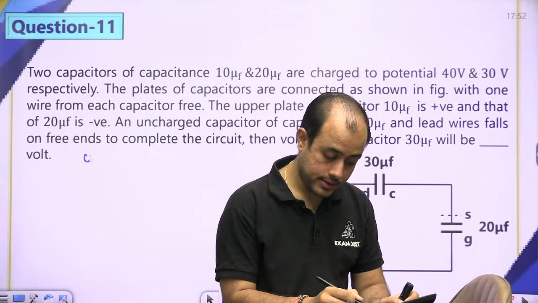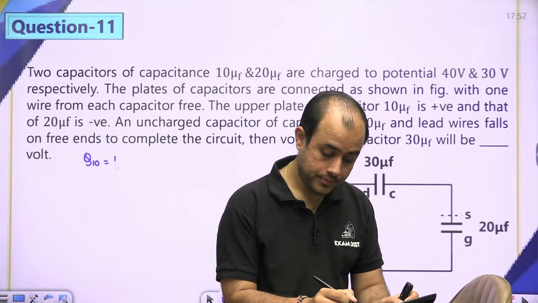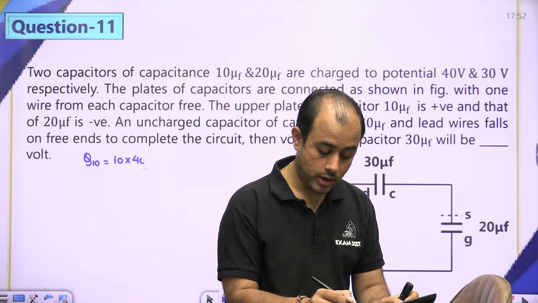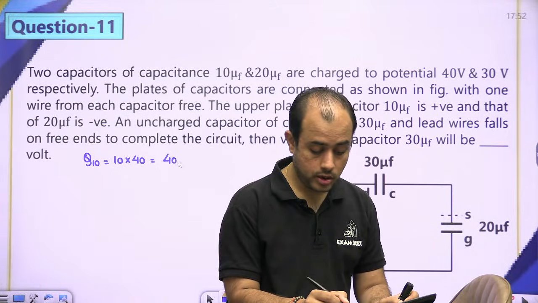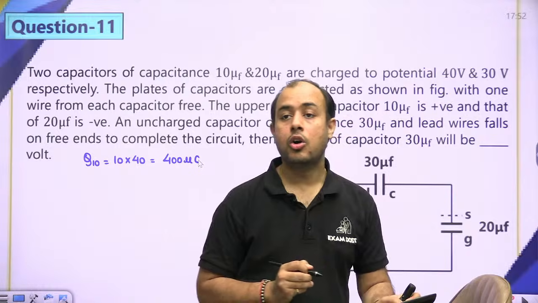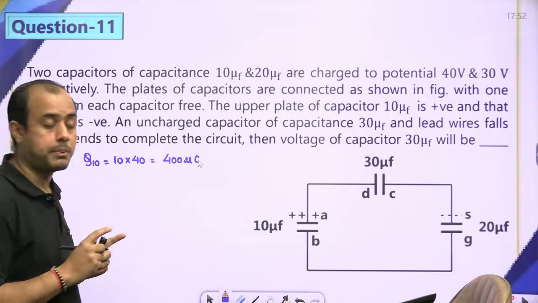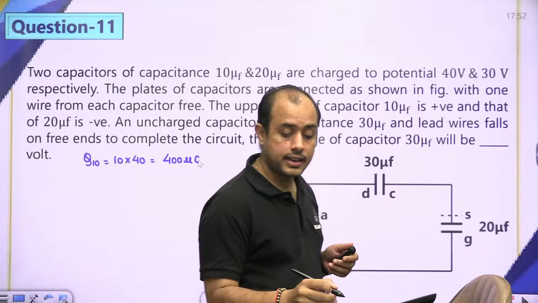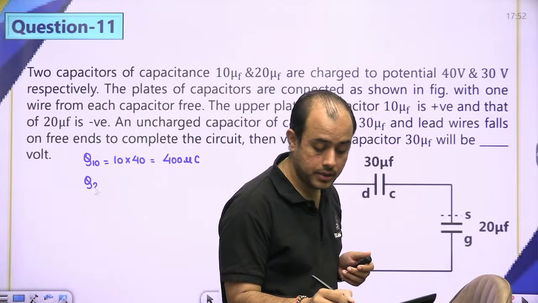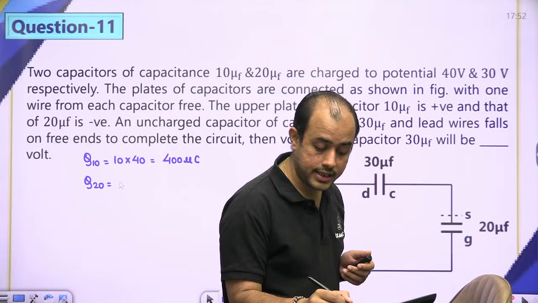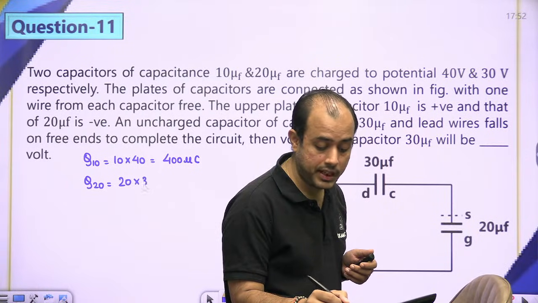So what is the charge on 10? 10 into 40, 400 microcoulomb. Always remember, beta, in such a scenario, the total charge of the plates connected together can be conserved because their charge does not have any place to go.